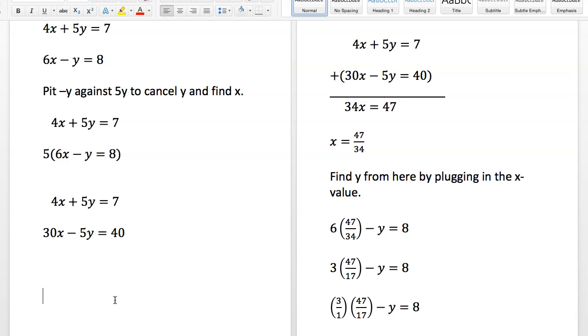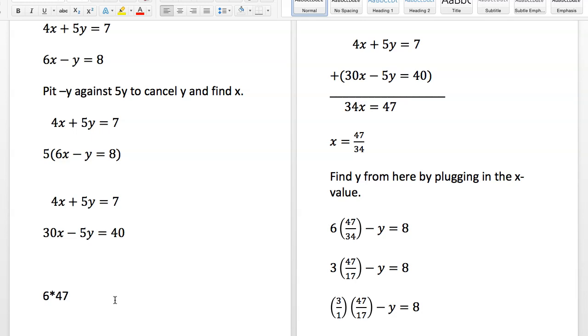Well, let's see, 6 times 47, I'll use Google. 6 times 47 is 282. So it's 282 over 34 minus y, but in terms of 34, y is 10 over 34.